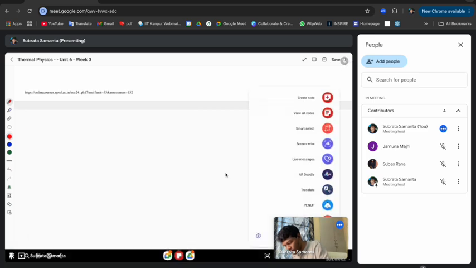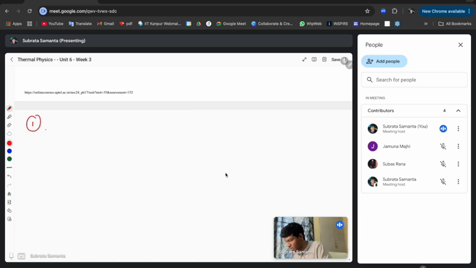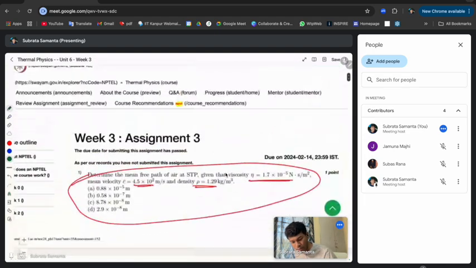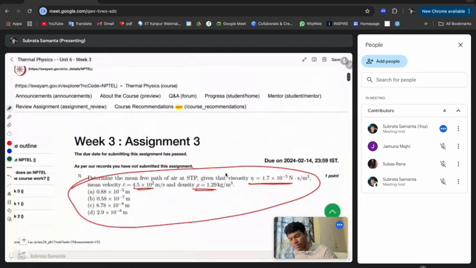The quantity given is eta, the viscosity. The value of eta is 1.7 times 10 to the power minus 5 Newton second per meter square.